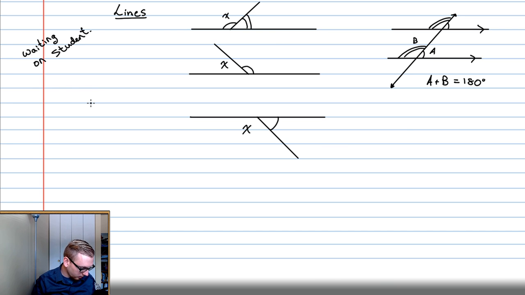Area of a circle is pi r squared. Yeah. Very condensed. Just wait, I guess.